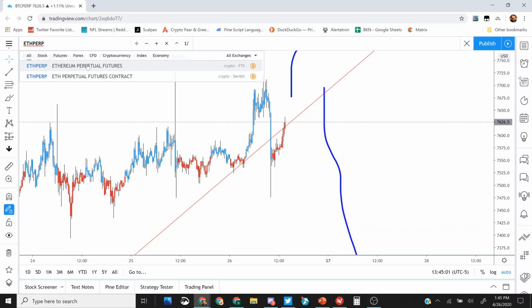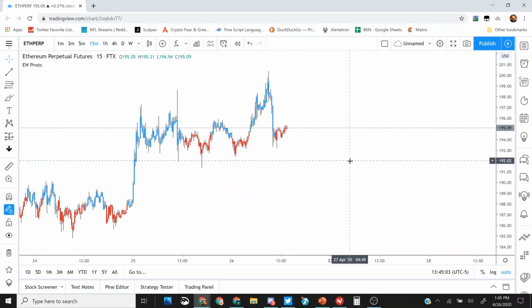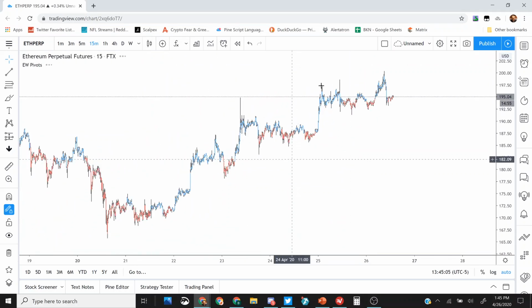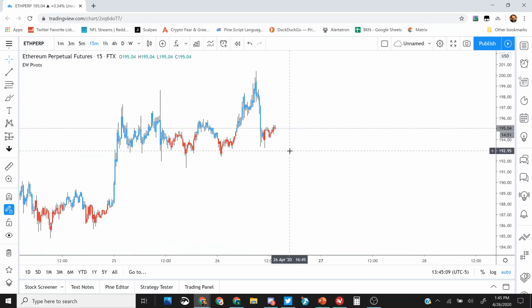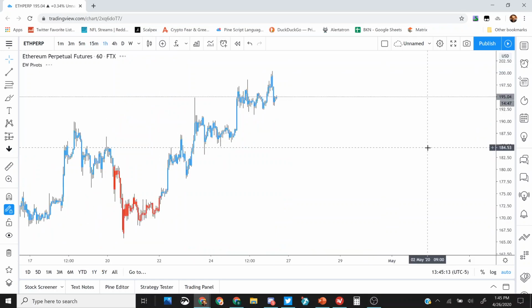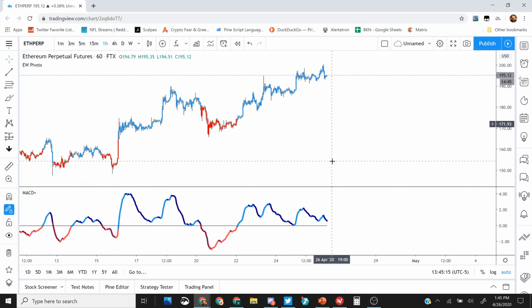ETH has shown more strength throughout most of this move, but it's currently red as well, and not really as close to crossing. Plus, we have significant bearish divergences forming across this whole thing.